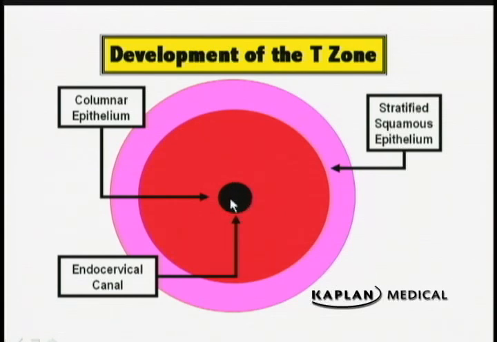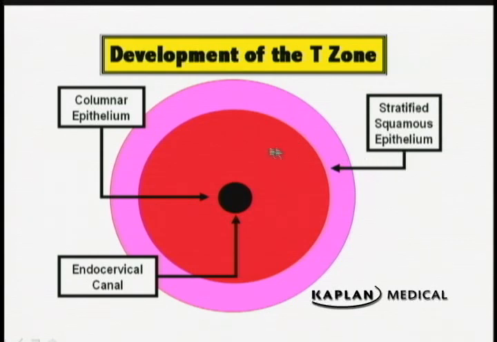The dark area is the endocervical canal, and the red area is columnar epithelium, which has been stretched out from the endocervical canal over the ectocervix. This area between the pink and the red is called the squamocolumnar junction. And we will call this the old squamocolumnar junction because it's going to move from here to here.